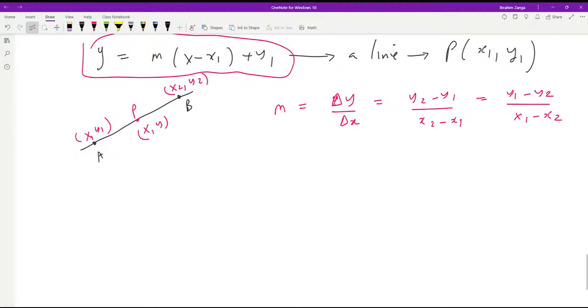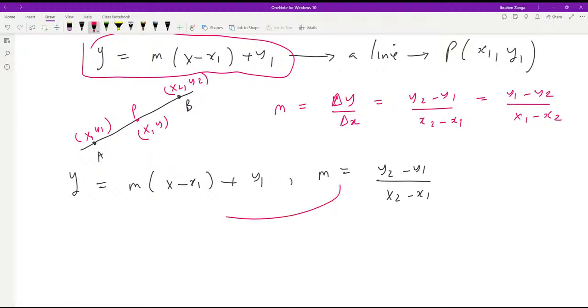From the equation we have, y equals m times (x minus x1) plus y1, and m being y2 minus y1 over x2 minus x1, I can substitute back the value of m into this equation, and we'll be having y equals y2 minus y1 over x2 minus x1, multiplied by (x minus x1), plus y1.